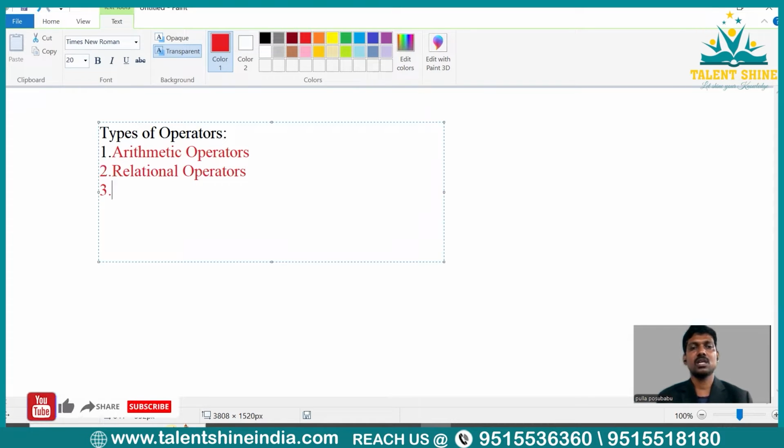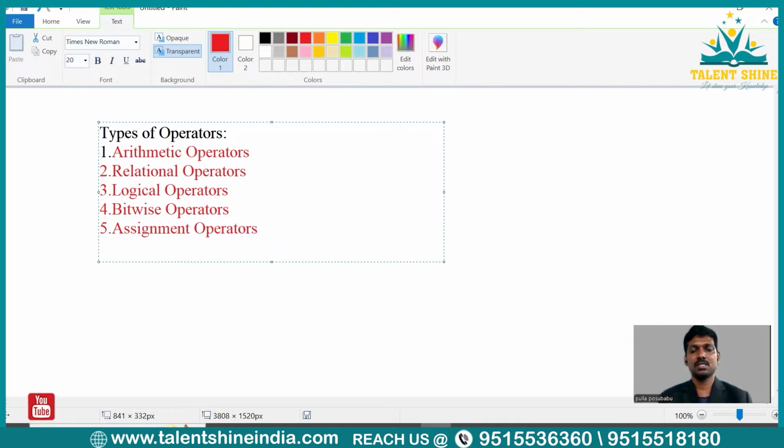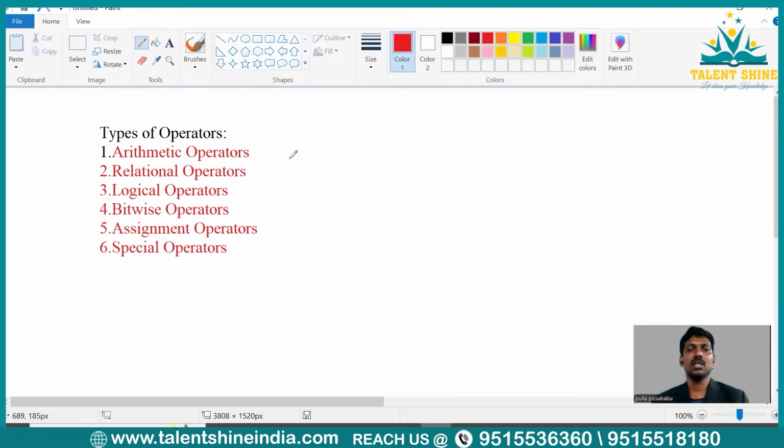The third one is logical operators. The fourth one is bitwise operators. The fifth one is assignment operators. And the sixth one is special operators. I hope everybody is clear with the general types of operators. One should be familiar with these operators. I hope you clearly understood what I have conveyed so far.